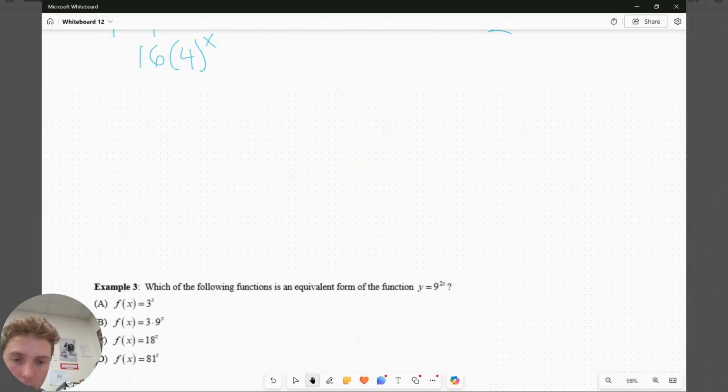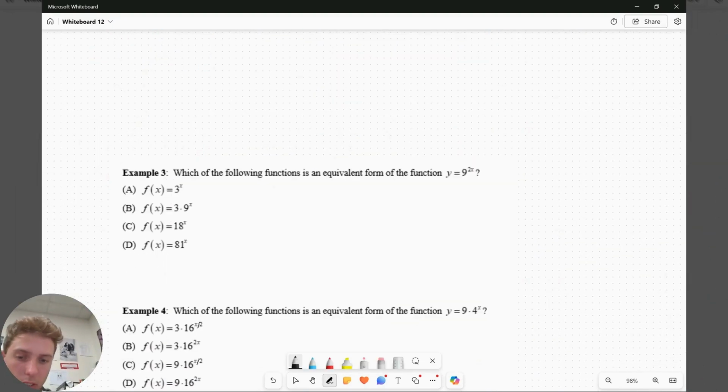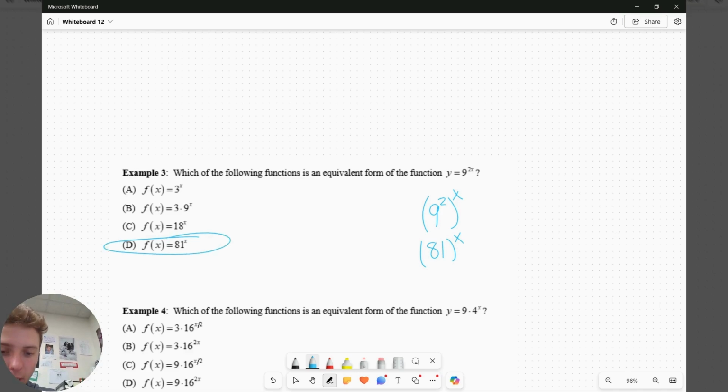So originally my base had an exponent of 2 and an exponent of x. Okay, but that's 9 squared. I know what 9 squared is. 9 squared is 81, and that's just raised to the x now. So I can again change the form of it. Very interesting.